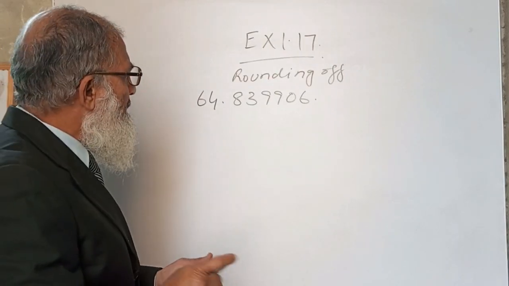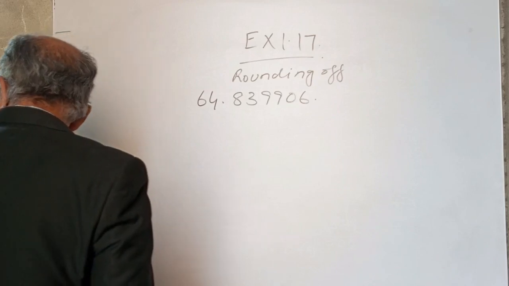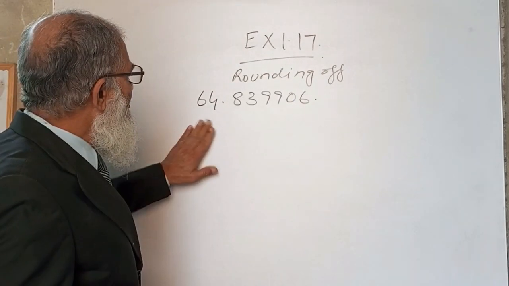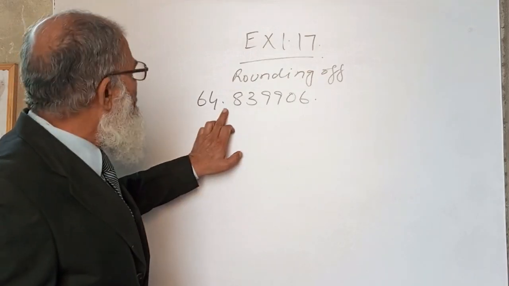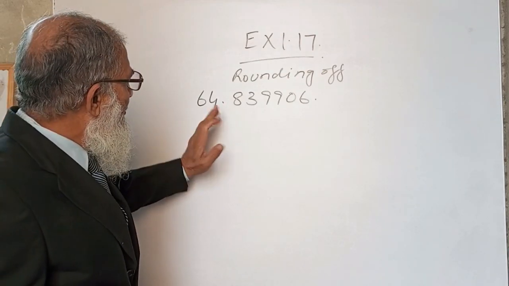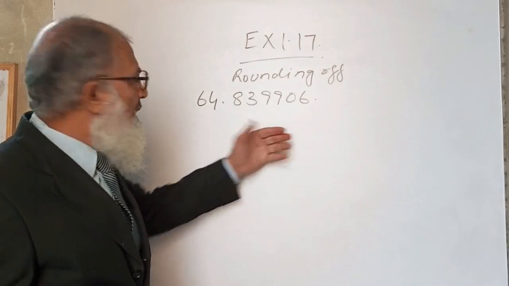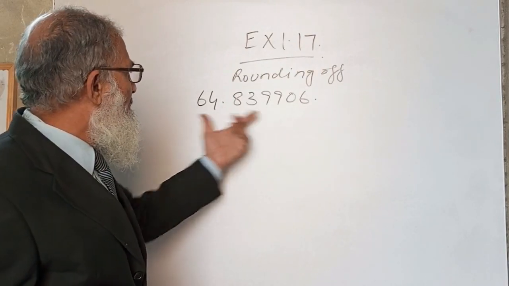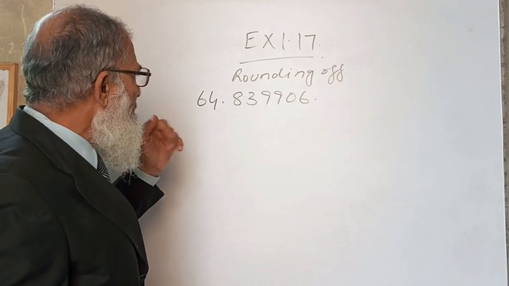Now, my dear students, there are two ways of rounding it. You see that it is written as 64 point, and this is the whole number, and this is the fractional part of this whole number.